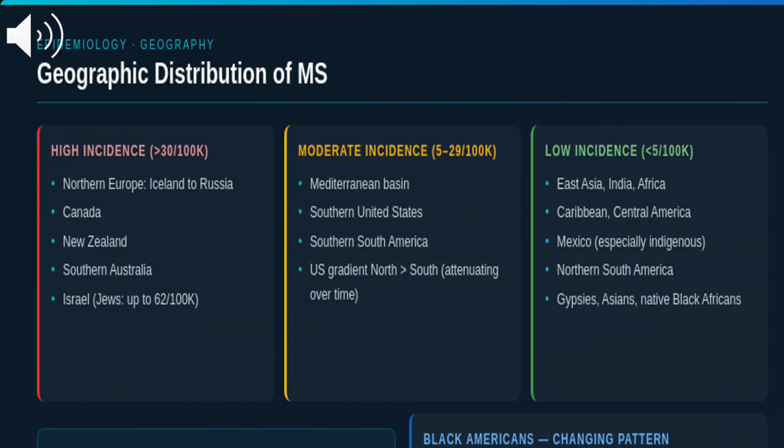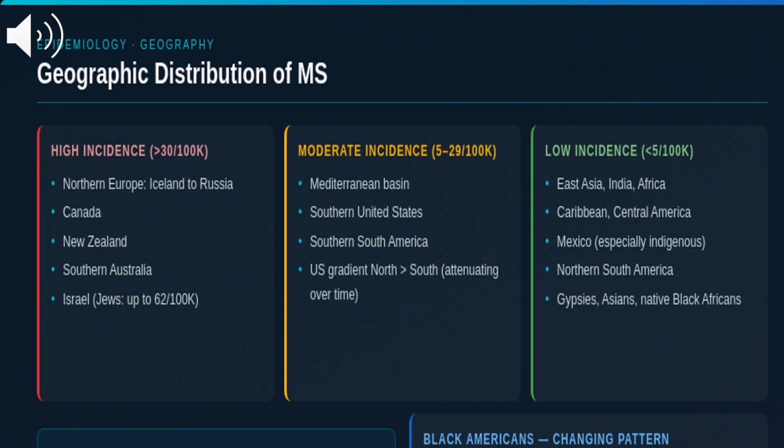The geographic distribution of MS is one of its most distinctive epidemiological features and provides fundamental clues about etiology. Incidence is highest, greater than 30 per 100,000, in Northern Europe from Iceland to Russia, in Canada, New Zealand, and Southern Australia. These populations share Northern European, particularly Scandinavian ancestry, but they also share high latitude, reduced sunlight, and specific infectious disease patterns.